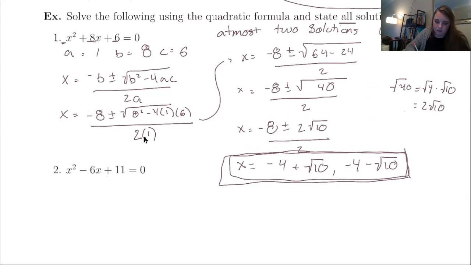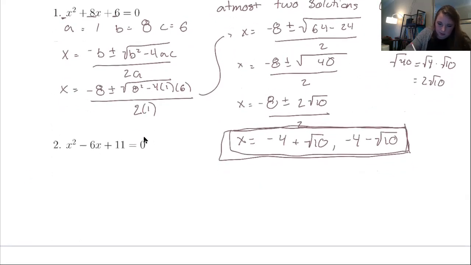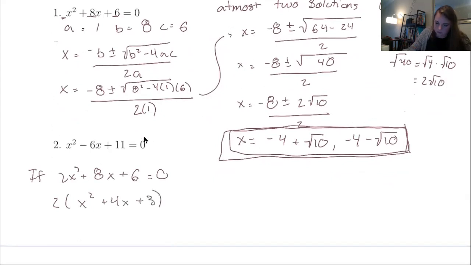If I had like 2x squared plus 8x plus 6 equal to 0, I would pull a 2 out of all of that, and then divide by 2 both sides, right? And that quadratic is a lot easier to do with those big numbers.